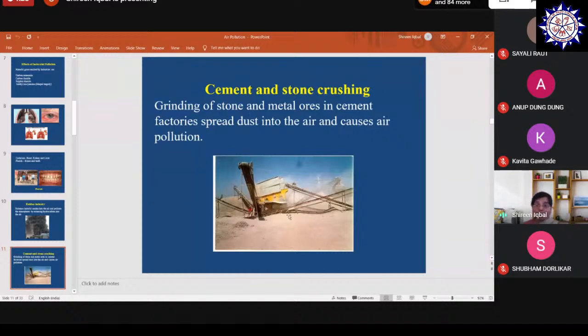Here in the picture, you can see big machines are used to grind or crush this stone just to obtain that metal. So here also you can see the particles spreading in the atmosphere and polluting the complete atmosphere. And it also affects the lungs, eyes, throat. Okay.